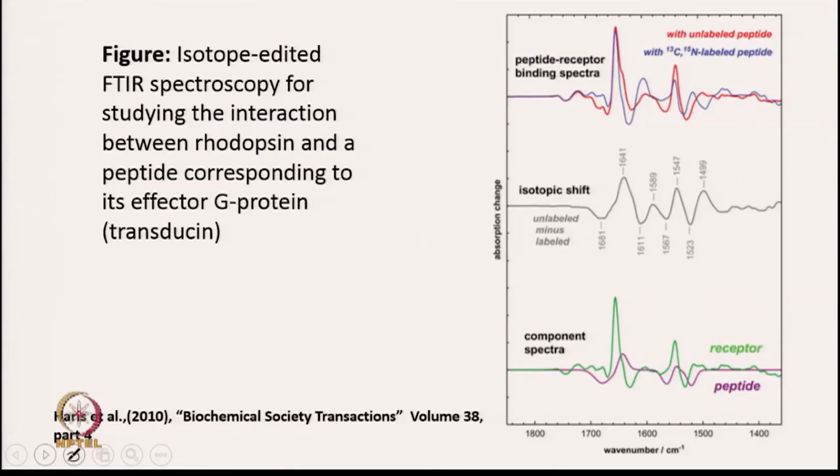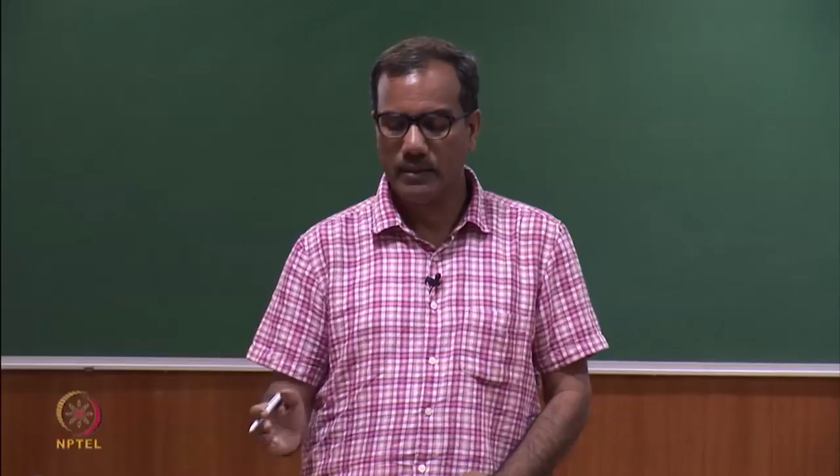So, this is an example of isotope-edited FTIR spectroscopy for study of interaction between rhodopsin and a peptide. This peptide corresponds to its effector G protein. So, what is done is, your peptide is labeled and a spectrum of interaction between rhodopsin and peptide is obtained with labeled peptide and unlabeled peptide.